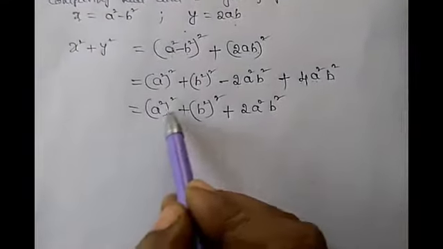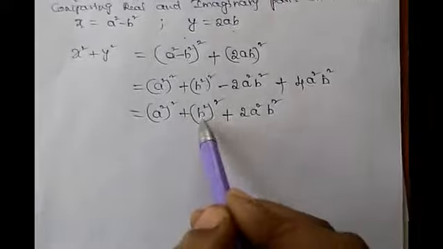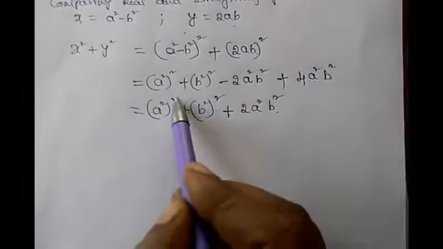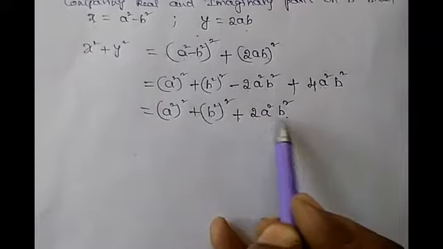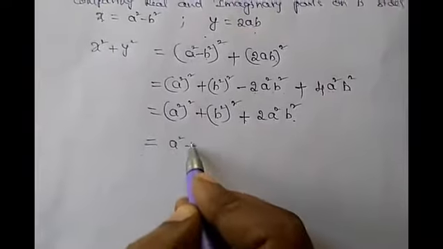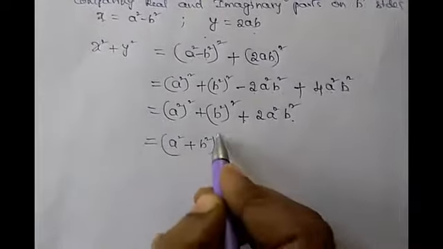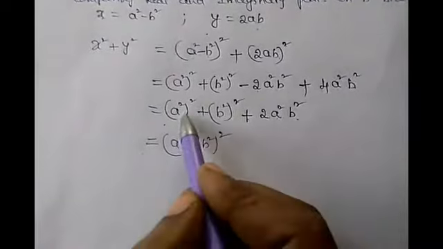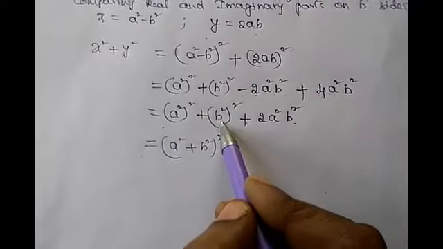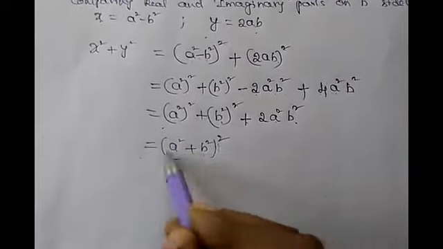Now observe carefully. This looks like a square plus b square plus 2ab. So we can write a square plus b square whole square. It is like a plus b whole square. Here a square is in the place of a and b square in the place of b.